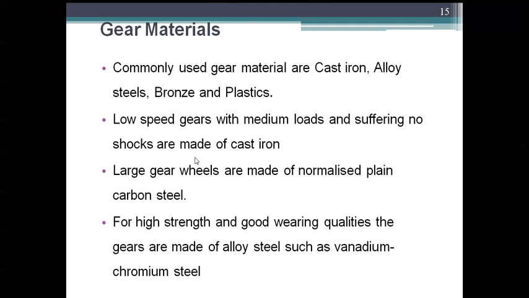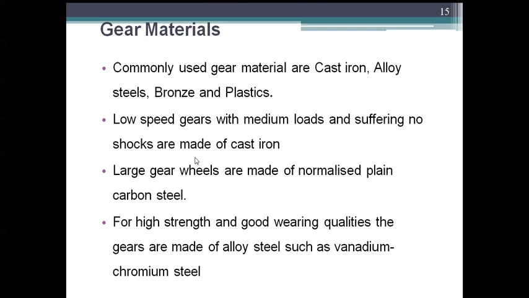And the larger gear wheels are made of normalized plain carbon steel. The wearing quality of cast iron is superior, so cast iron does not easily wear out. That's why we use cast iron, but it has less impact strength, so there should not be any shocks.